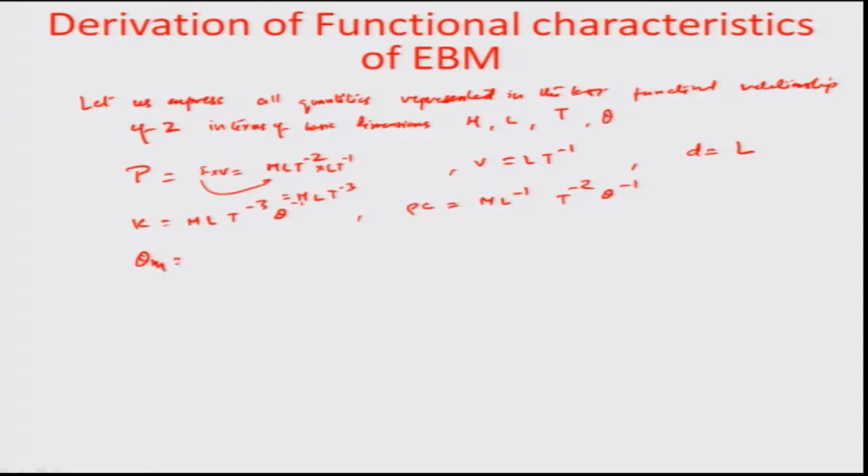Theta m is again theta, and Z basically is the length L. So, these are the basic representations of all these parameters in terms of the mass, length, time and temperature dimensions.